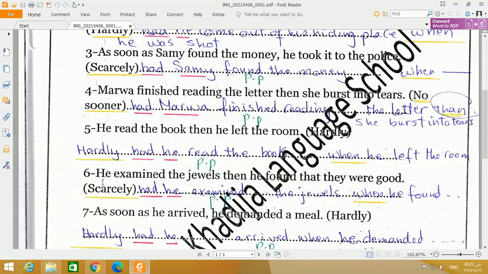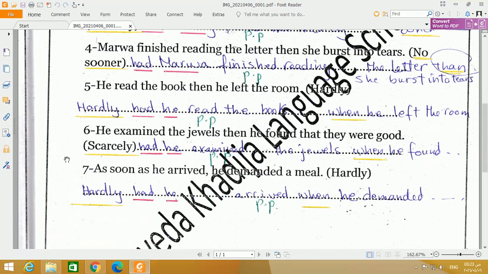Number six, he examined the jewels. Then he found that they were good, original. Scarcely had he examined the jewels when he found that they were good.